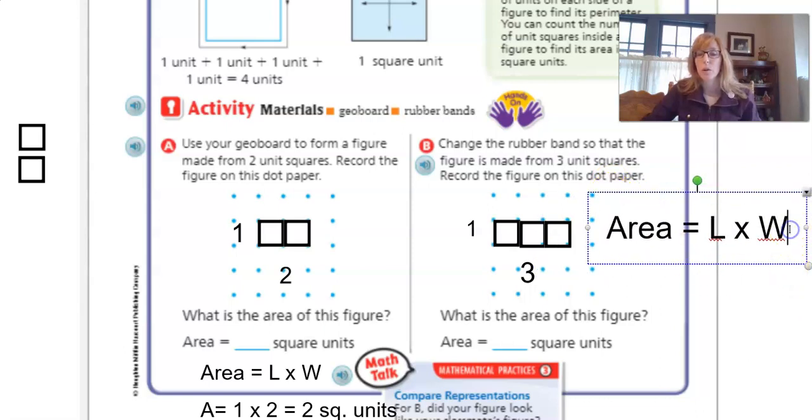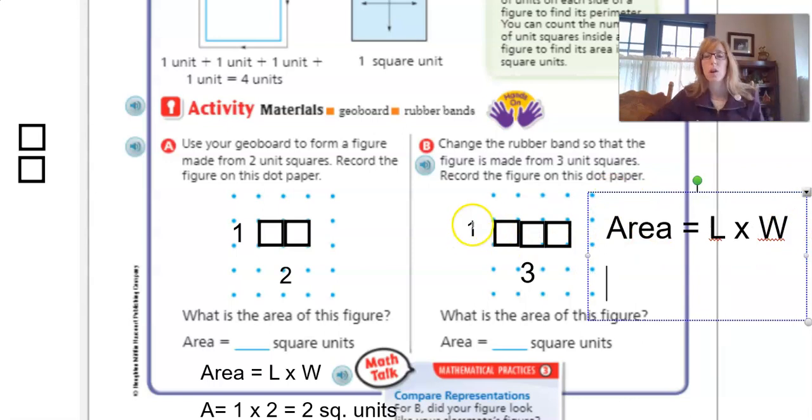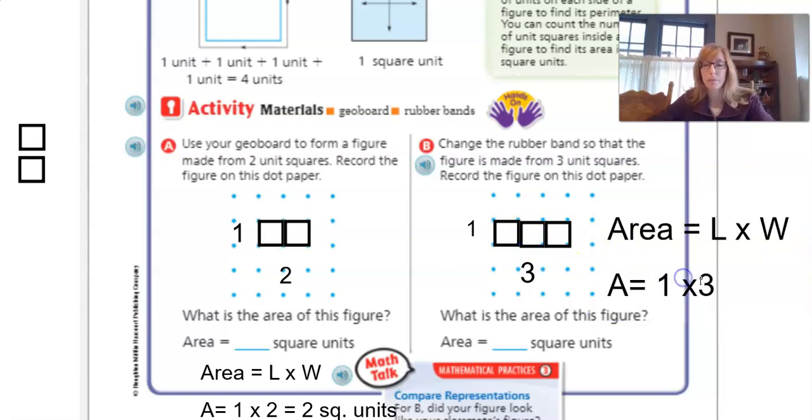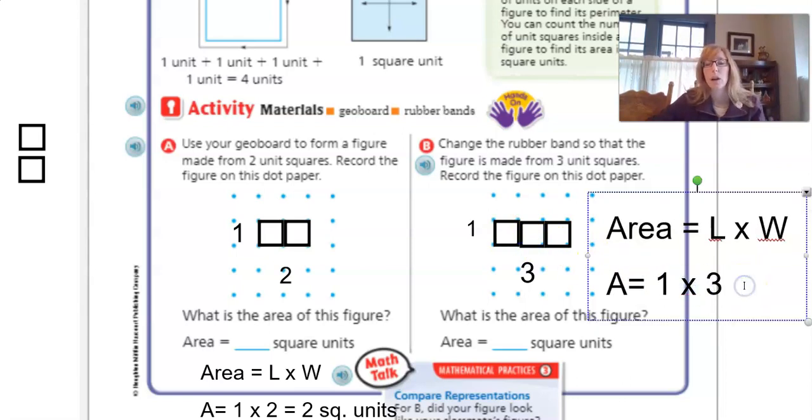So we have one group of 3. So it's 1 times 3. If you count it up, area equals the inside. There's 1, 2, 3.